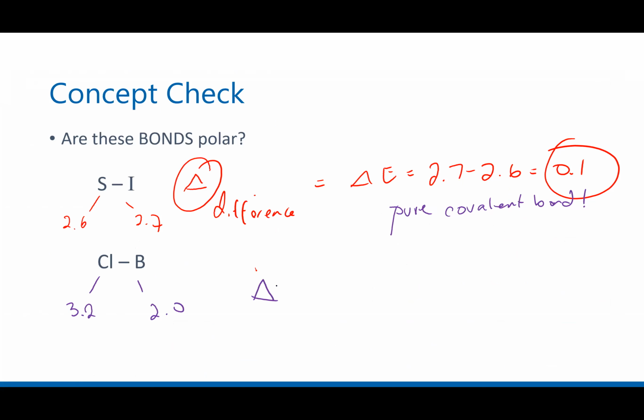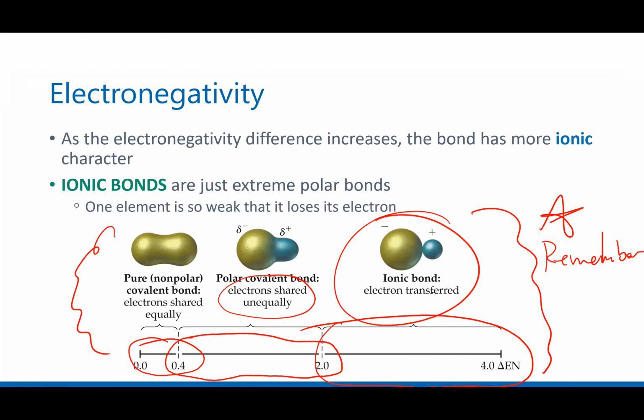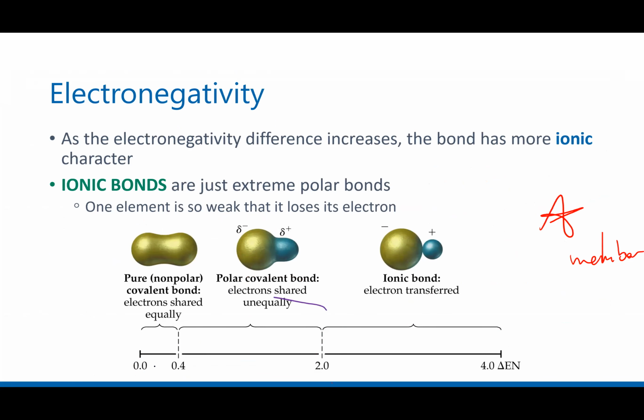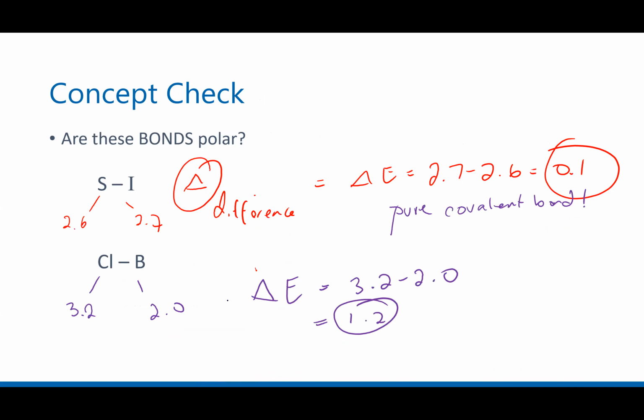So my difference in electronegativity would be 3.2 minus 2.0, so 1.2. And if you go back to my notes here, you'll notice that if it's between 0.4 and 2.0, we would call this a polar covalent bond.